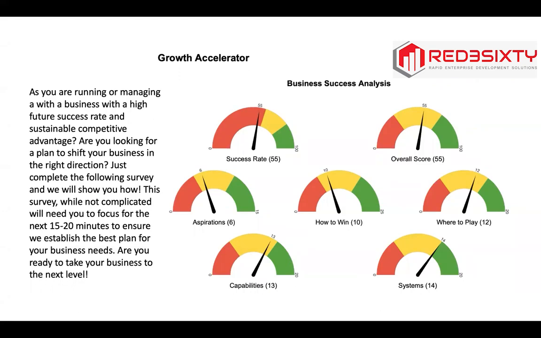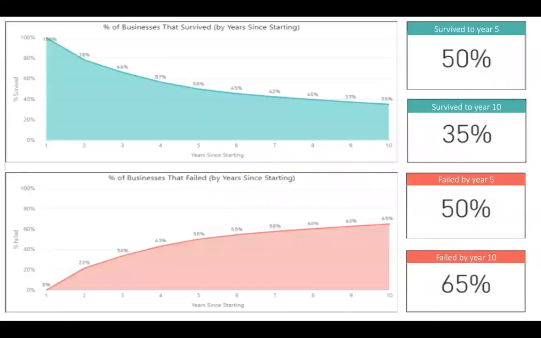The performance in each one of those areas is aggregated into the score out of 100, and also an indication of that business's ability to achieve long-term success. The survey, once completed, will automatically generate the report and the dashboard.